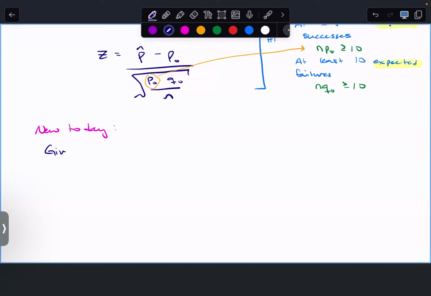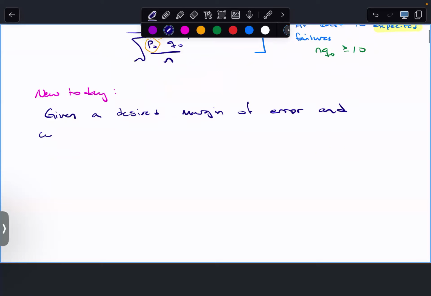So given a desired margin of error and confidence level, we can calculate the sample size needed.